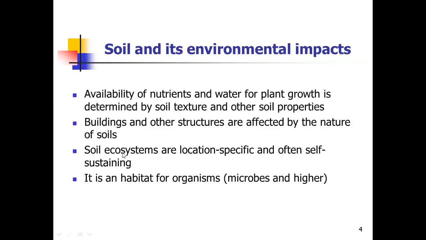I've already mentioned that soil ecosystems are often self-sustaining ecosystems, and they are location specific. So soil ecosystem in cold climates is going to be very different from soil ecosystems in warm climates or tropical climates. And these are an important habitat for organisms, whether it's microbial organisms or higher organisms.